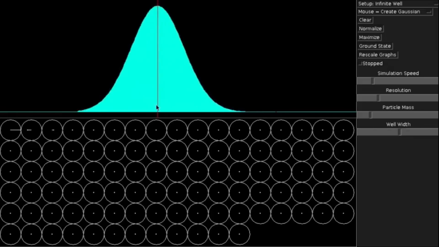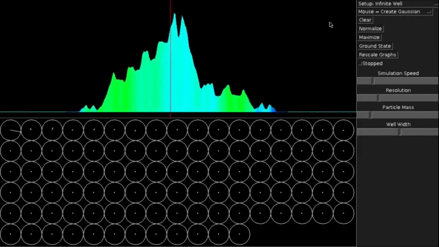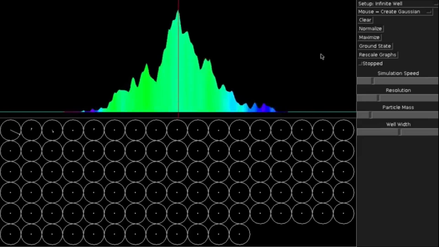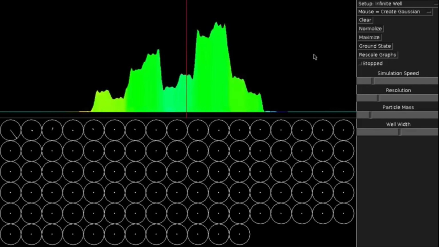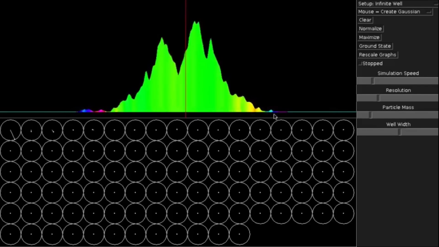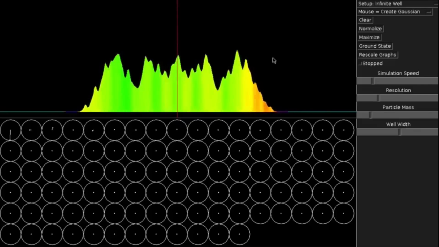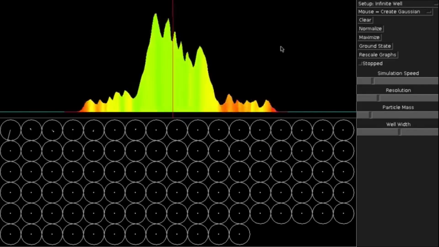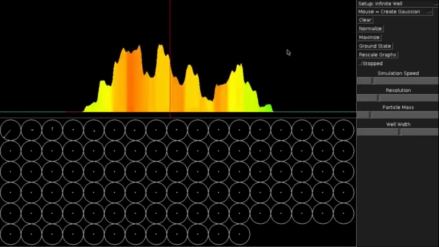And of course I can make some ridiculously wacky initial conditions that just sort of oscillate all over the place in a very complicated way. There are a lot of contributions to this wave function now, and no one contribution is particularly winning, but you can occasionally see little flashes of order in the wave function.